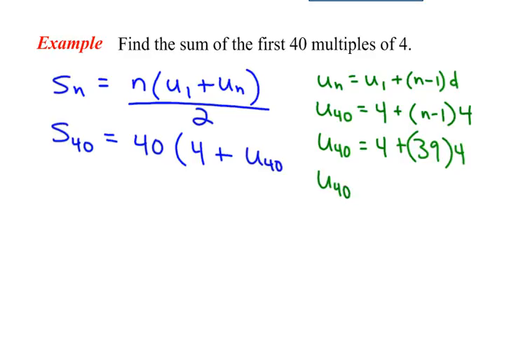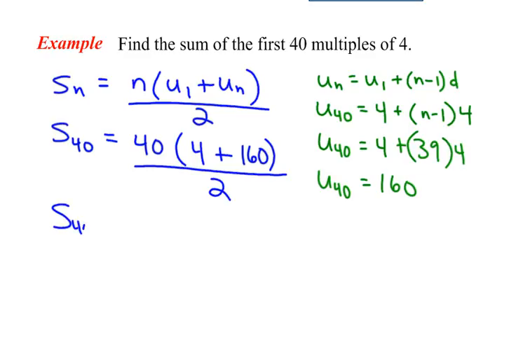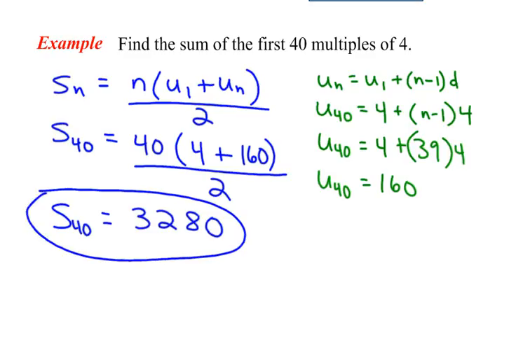So u sub 40 equals 160. So now I can go back over here, plug in 160, divide it by 2, plug that all into my calculator, and 3,280 is the sum of the first 40 multiples of 4.